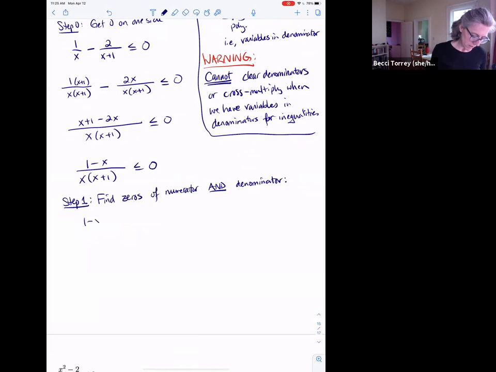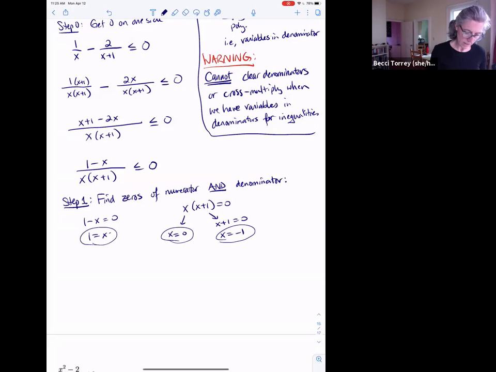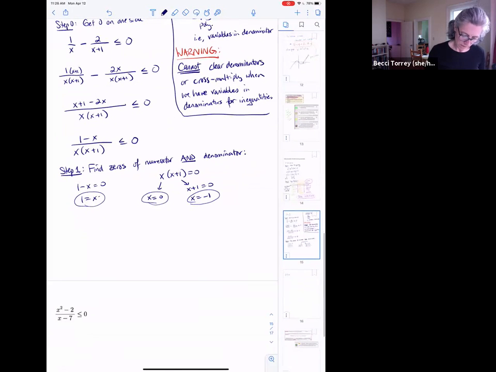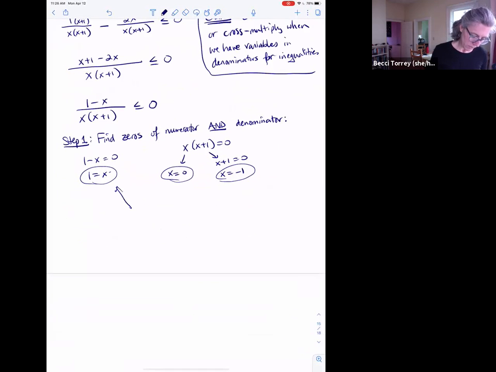From the numerator, we have 1 minus x equals 0, so x equals 1. From the denominator, we have x times x plus 1 equals 0, so we get x equals 0, and x plus 1 equals 0, which is x equals minus 1. So all three are breakpoints for sign analysis.